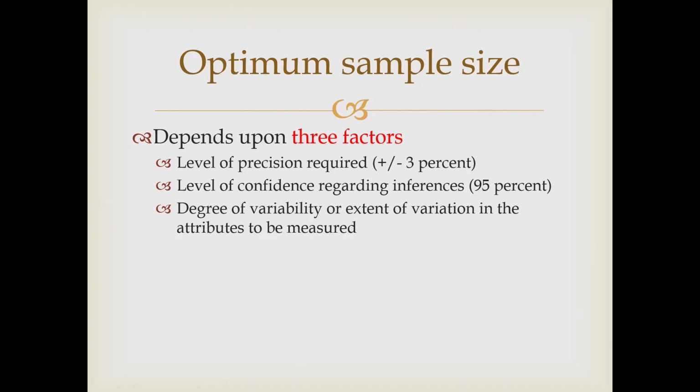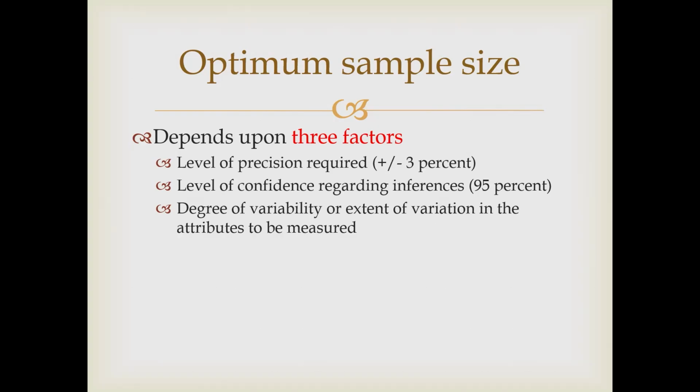Next one, level of confidence regarding the inference. We are going to make an inference about the population. How confident are you about your estimate? What is the percentage of confidence? If you are taking 100 samples, we cannot expect that the estimated value will be true for all 100 cases.